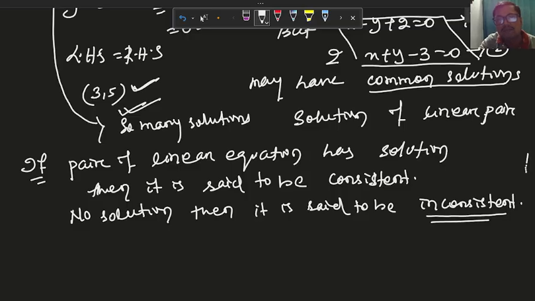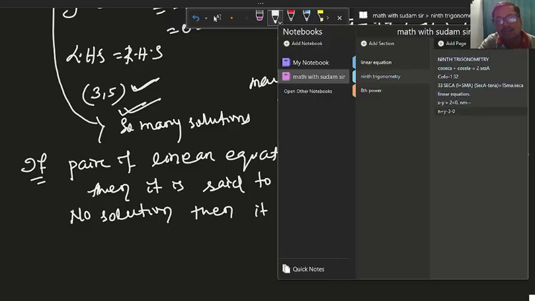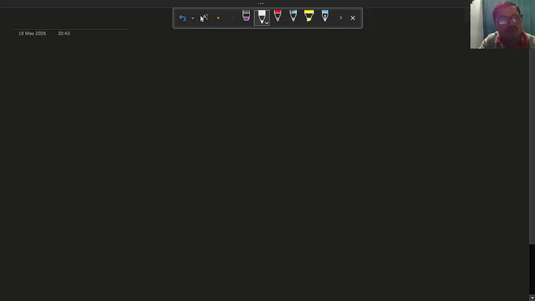If I draw the relation between a pair of linear equations in a graph, then the pair of linear equations forms in such a way.